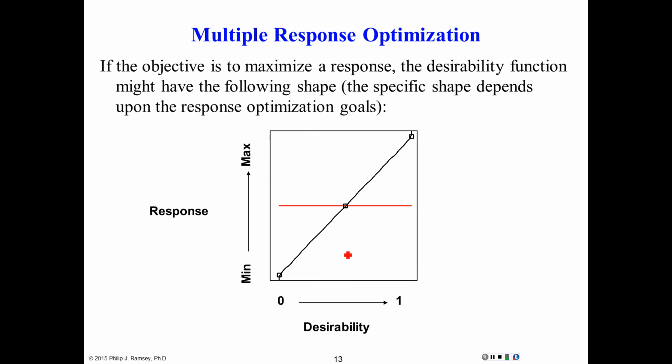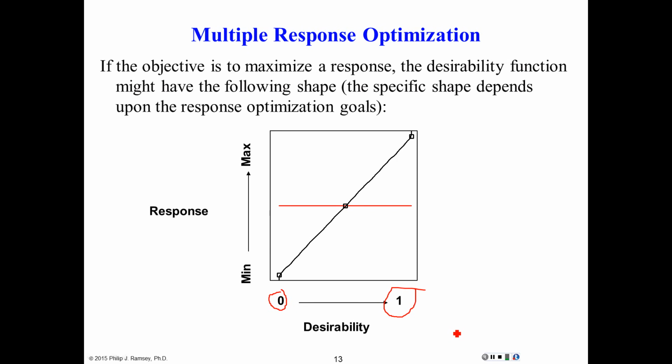So if you're trying to maximize, desirability has a value of 0 for the least desirable and 1 for the most. So using your model, you would search through a grid of settings for your 5 factors that would give you the most desirable response.